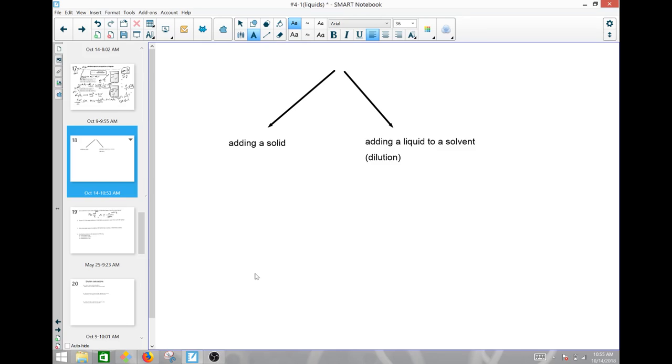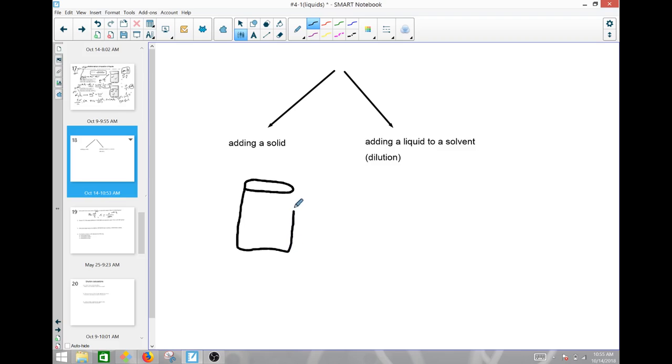Anyways, in this case, if I want to do a dilution, I'm literally going to have a concentrated liquid, and I'm just going to add solvent to it. Let's say I have this much, and it's got 10 units of things in this solution, and I'm going to simply dilute it.